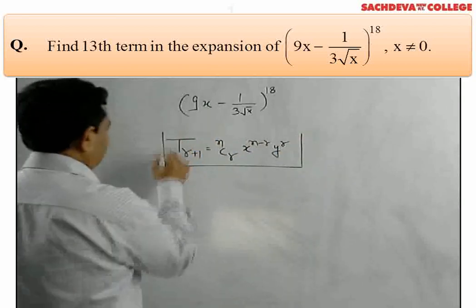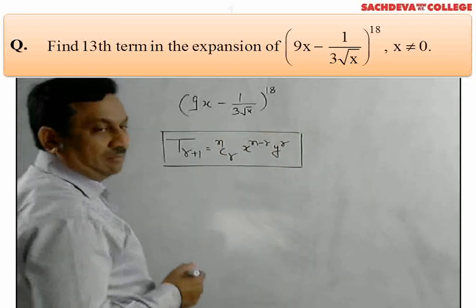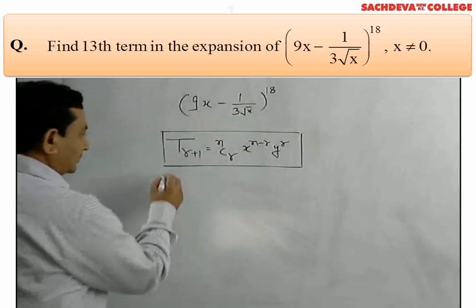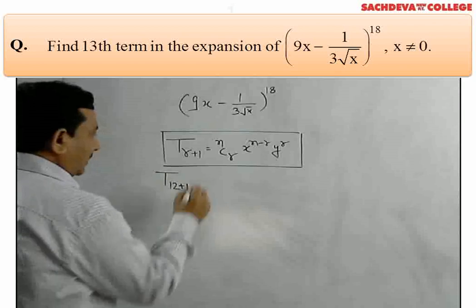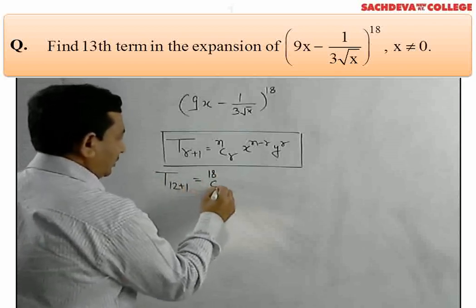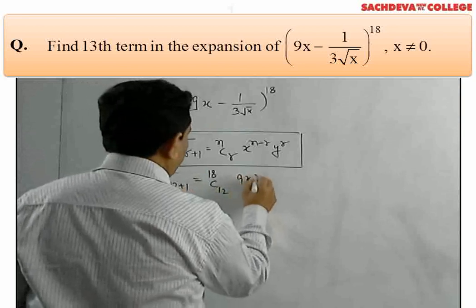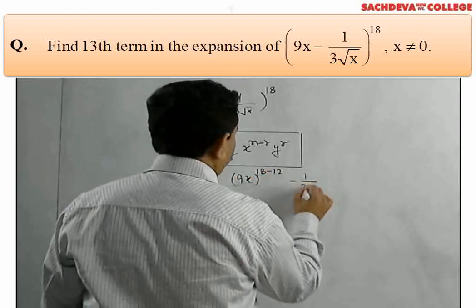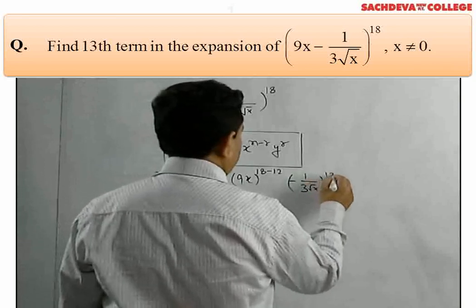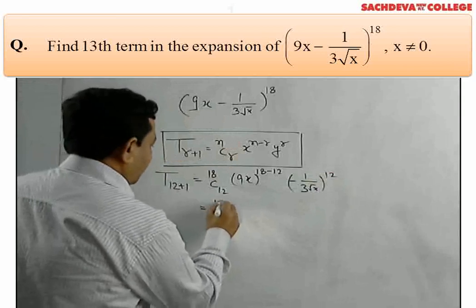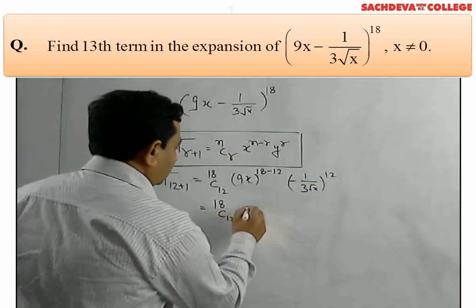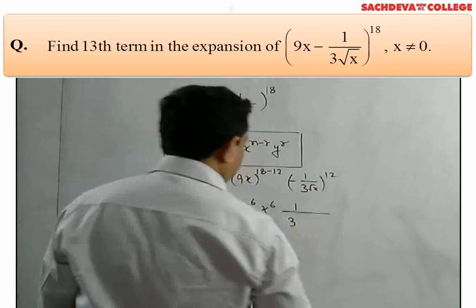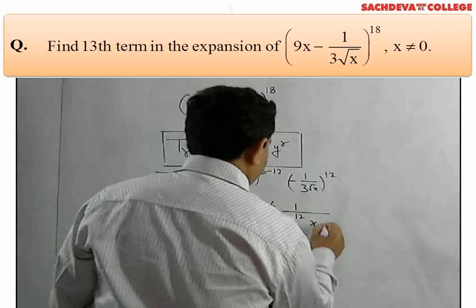Using this formula, the 13th term in the expansion of (9x minus 1 upon 3 under root x) to the power 18 is T(12 plus 1), which will be equal to 18C12 (9x) to the power 18 minus 12 into (minus 1 upon 3 under root x) to the power 12, which will be equal to 18C12 9 to the power 6 into x to the power 6 into 1 upon 3 to the power 12 into x to the power 6.